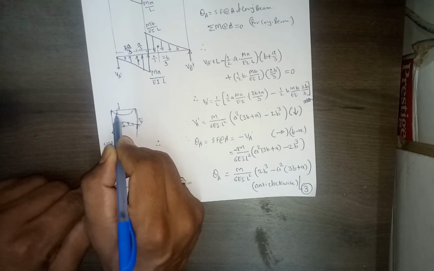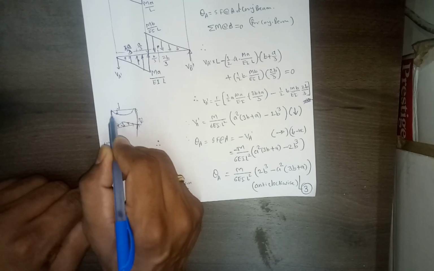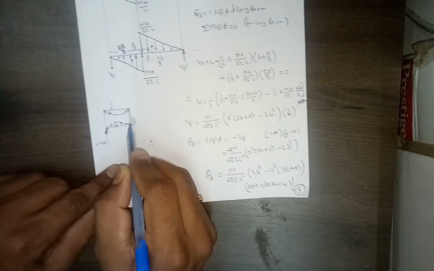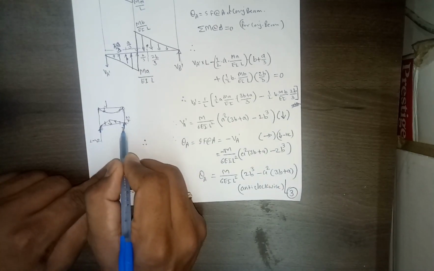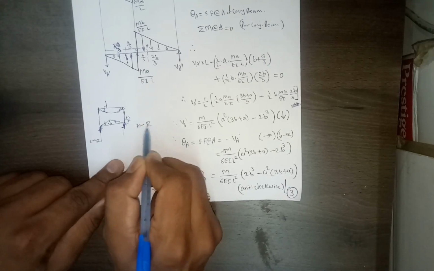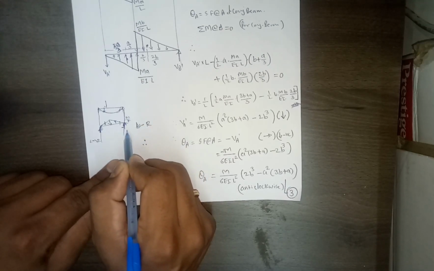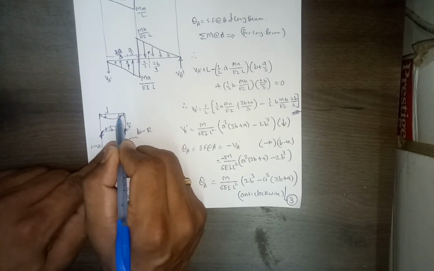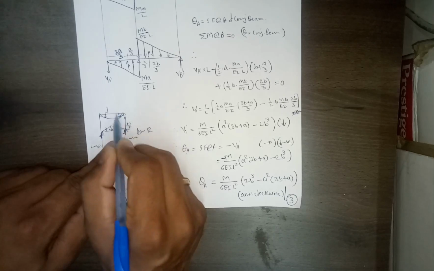This rotation is clockwise rotation, whereas at the other end, if you can see, this force is also upward. But when we calculate shear force from right to left, upward force we assume negative. So the negative force indicates this rotation, which is anti-clockwise.